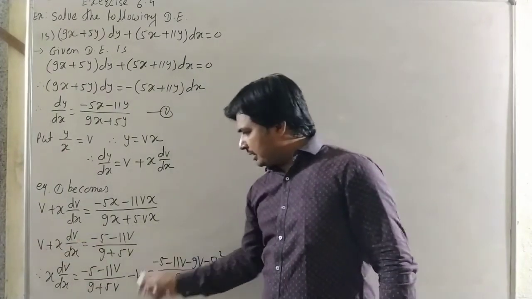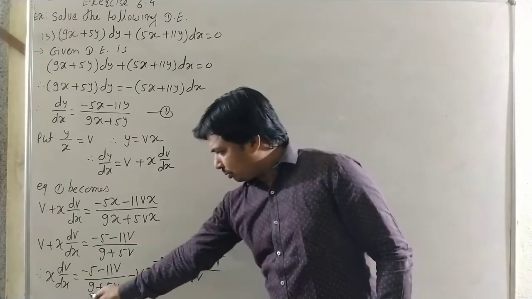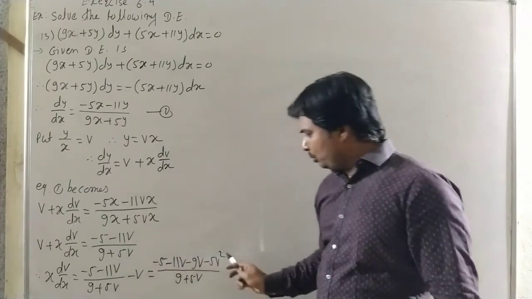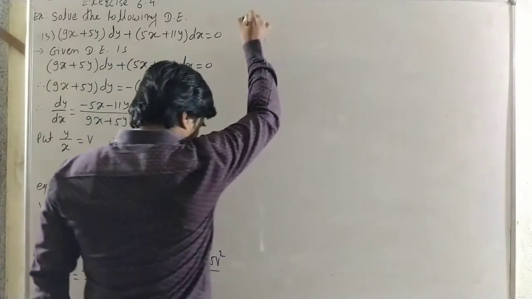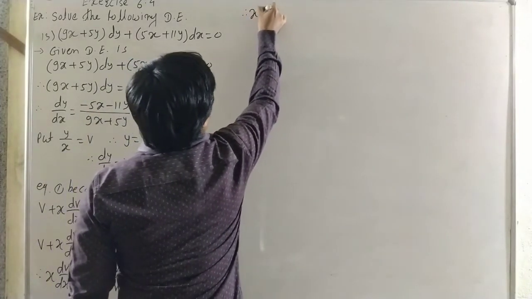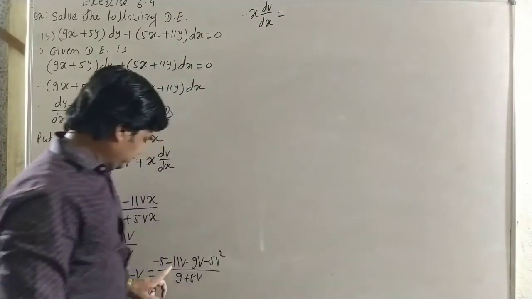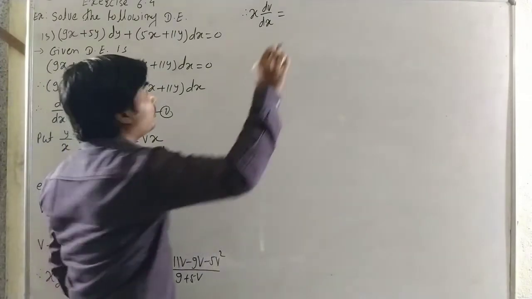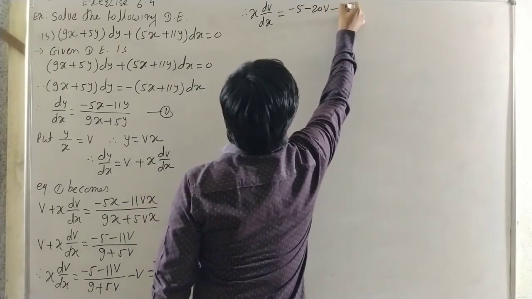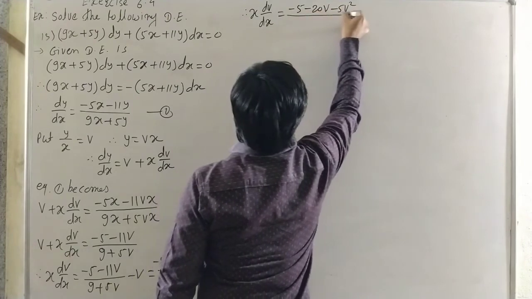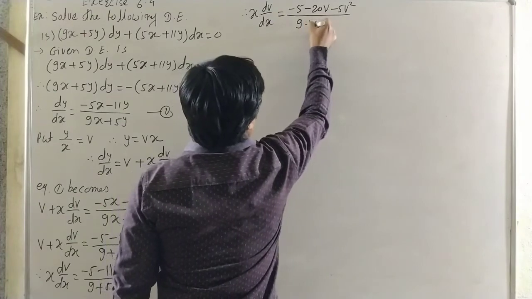We take the minus, then x dv by dx is minus 5 minus 11v, minus v times (9 + 5v), therefore minus 9v and minus 5v square, upon 9 plus 5v. Now this can be written x dv by dx is equal to minus 5 minus 20v minus 5v square upon 9 plus 5v.